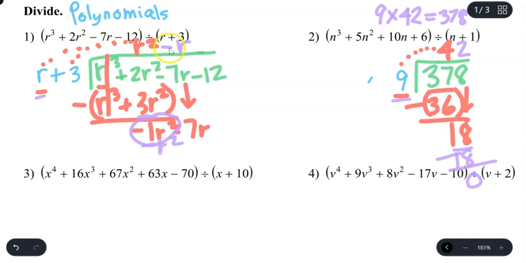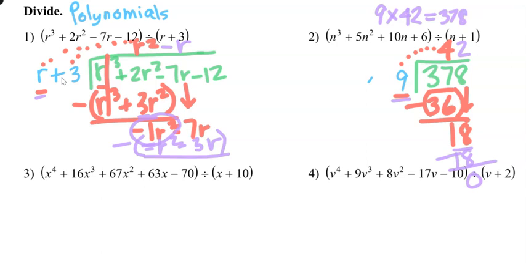And then I have to do the same thing. Negative r times positive 3 is negative 3r. Now, once again, this is negative r squared. I have to subtract the whole thing.